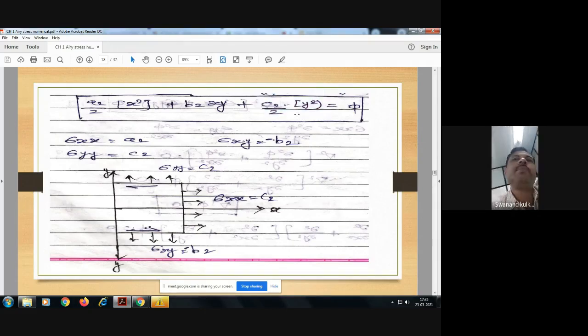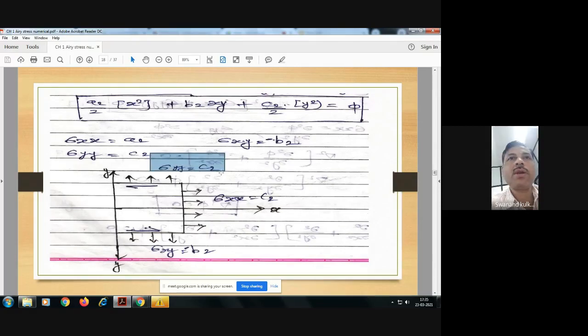Similarly, with second differentiation, this middle term is going to become 0, because with reference to x, b2y is remaining, and this is considered to be constant, and this will become equal to 0. And the only remaining term will be here, a2. So constant values we are going to get here.